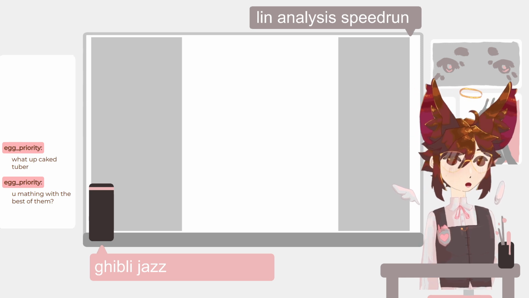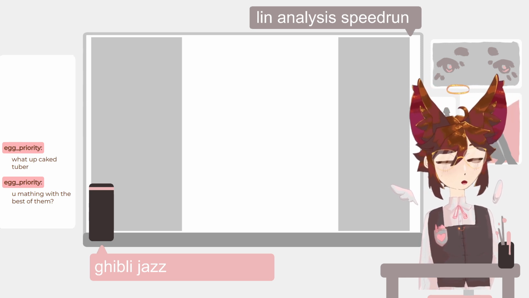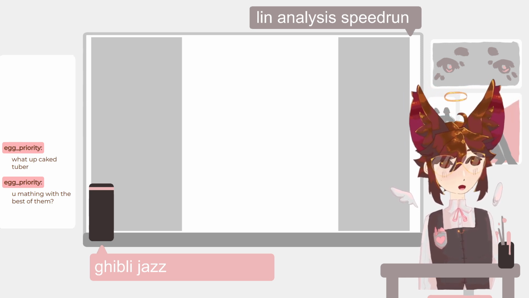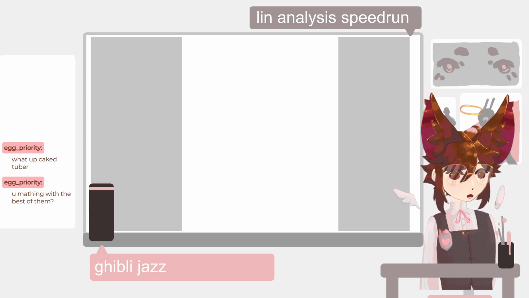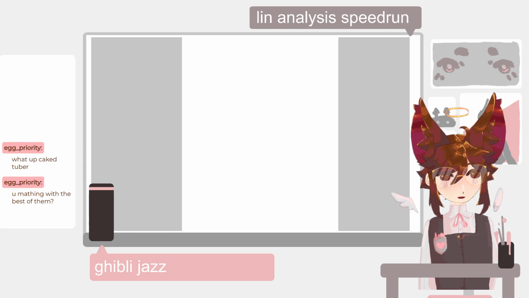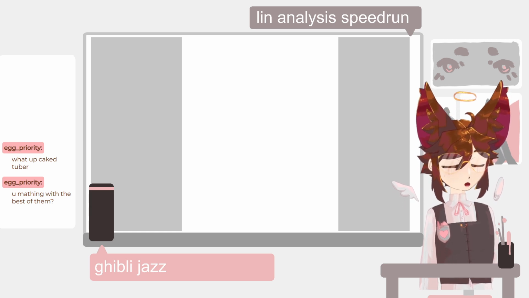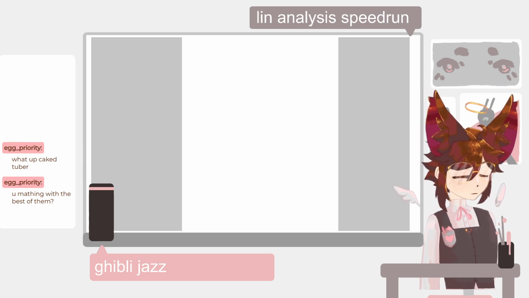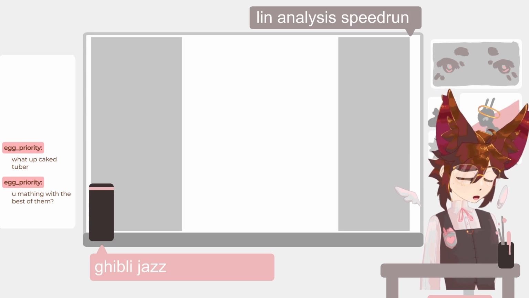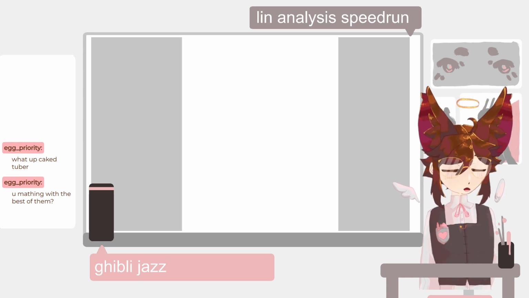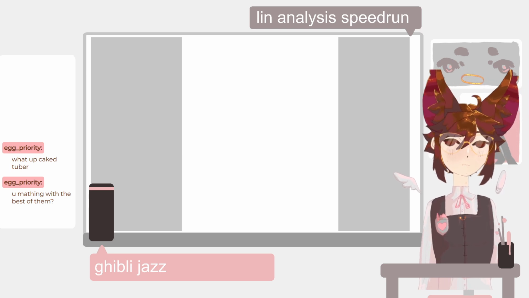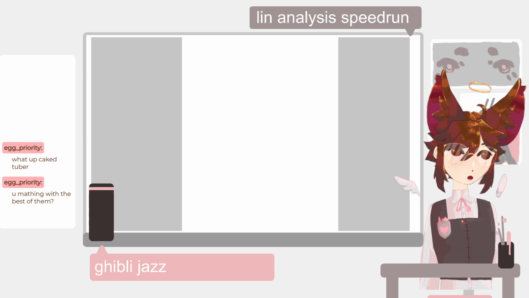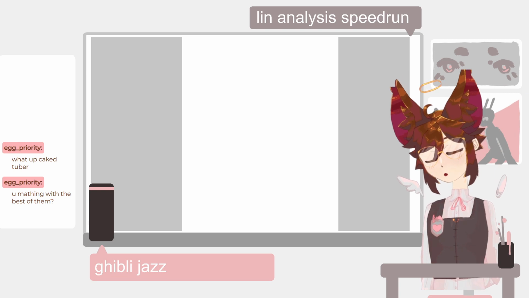But we got a lot to cover today. We are speedrunning linear analysis, like the title suggests. So we got some ground to cover here. This is gonna be like a best of highlights a little bit, more so than a review. It's like a cumulative review type beat.